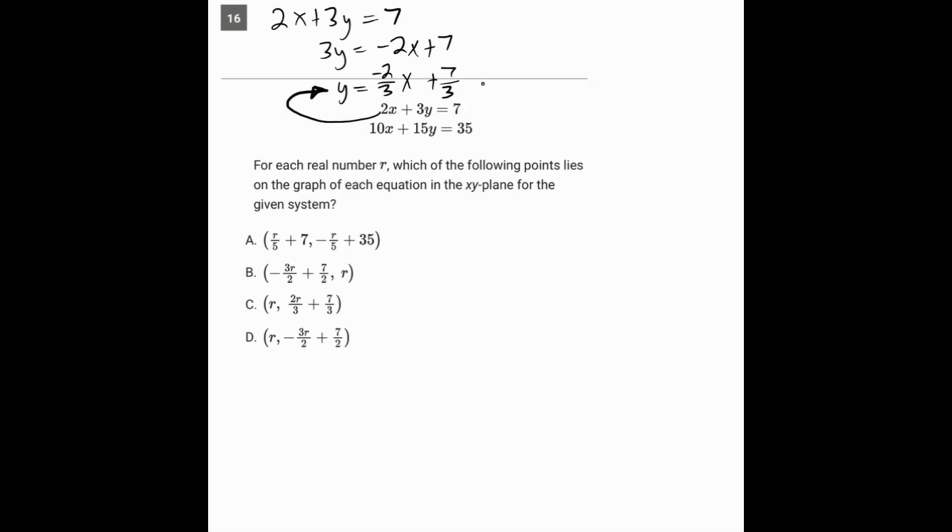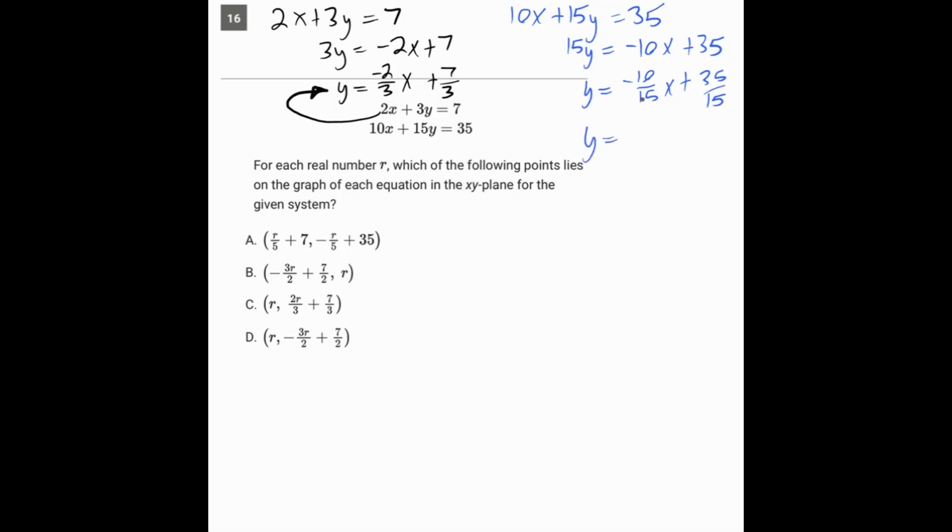Now, let's do the second equation. We have 10x plus 15y equals 35. We'll take away 10x from both sides. We'll divide by 15. And let's simplify all these fractions.